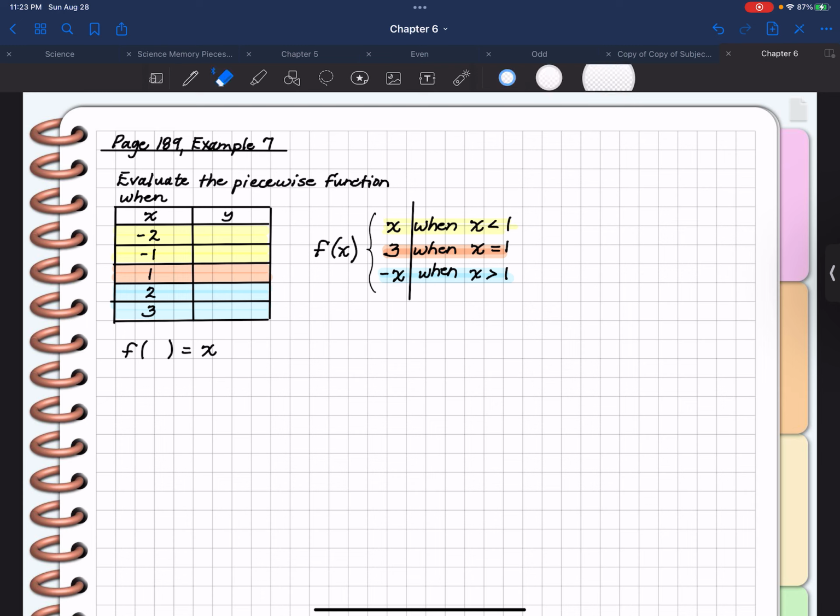I know this is confusing. These drove me crazy in school. F of x is x if that x value is less than 1. So f of -2 will be -2. So let's put that in there. Then f of -1 will be -1.